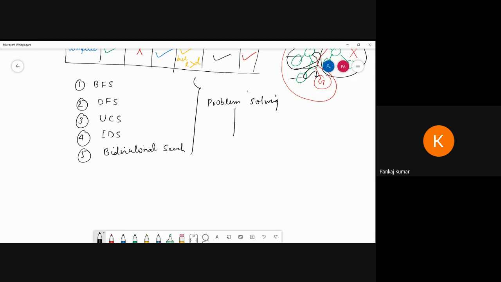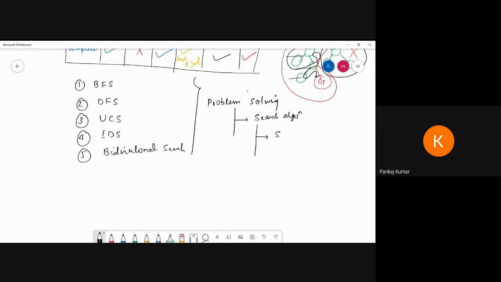For problem solving, we can follow a search algorithm. Suppose you go for the search algorithm terminology, what do we have to follow inside that search algorithm as the strategy?